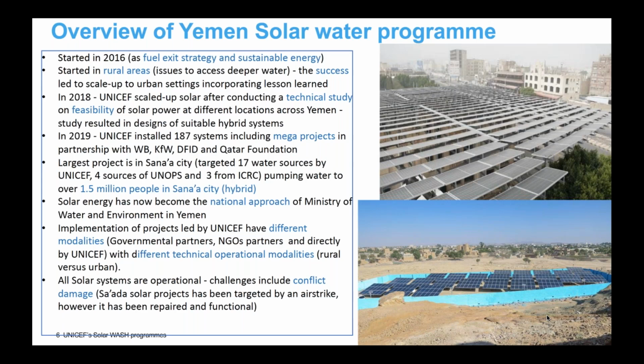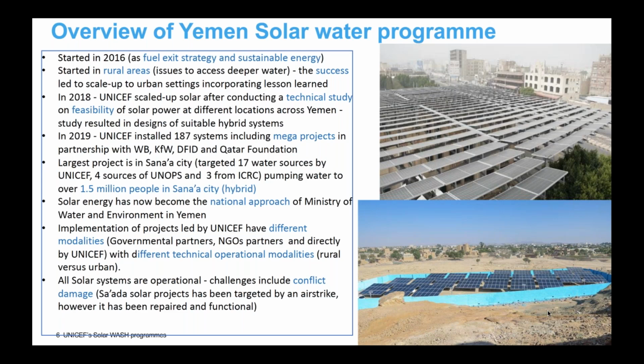UNICEF implements these projects or these activities in different ways. We can implement with the government partners, with NGO partners, and sometimes it is done directly by UNICEF. And we also have explored for a long time different approaches for the technical operation and maintenance of these systems.